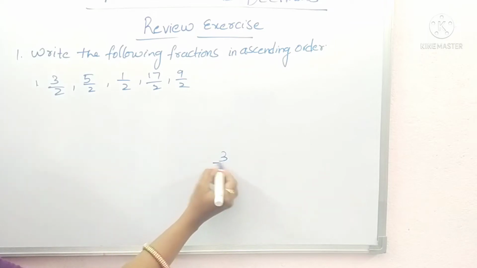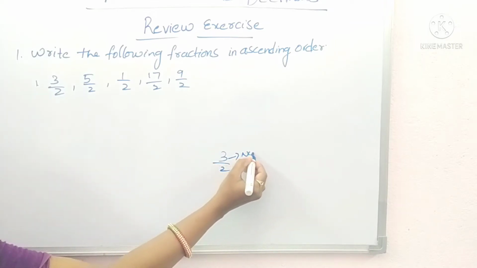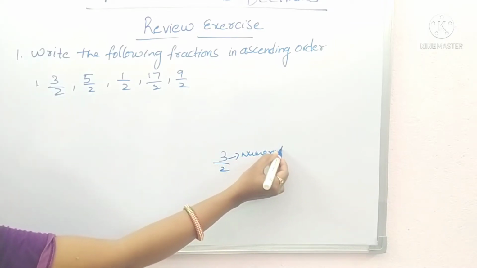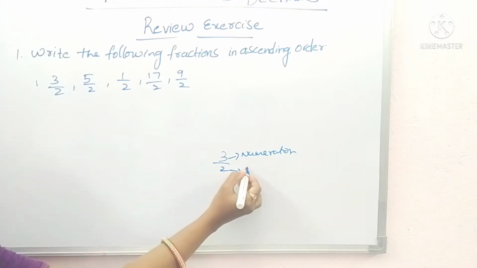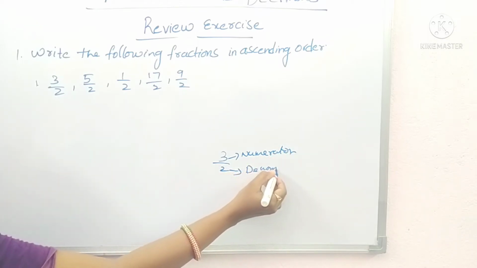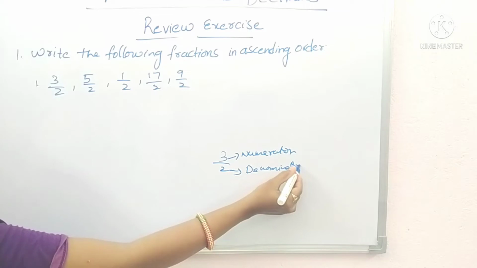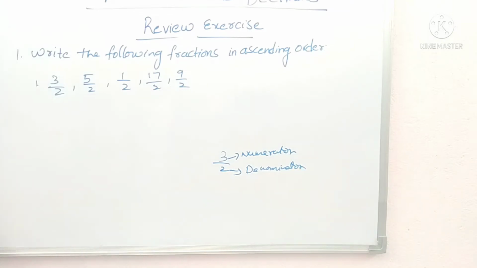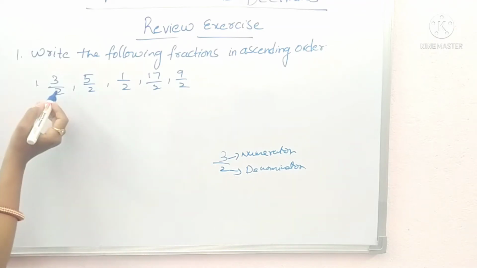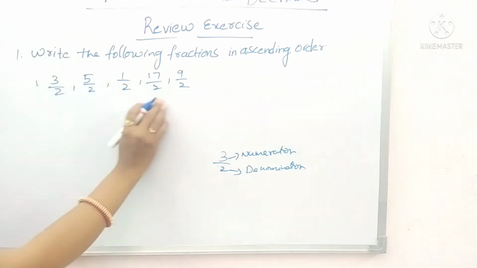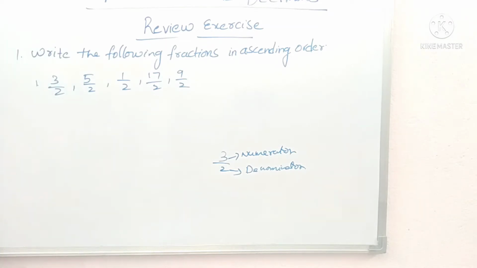In 3 by 2, 3 is called the numerator and 2 is called the denominator. So all these fractions have the same denominator, and these are called like fractions.